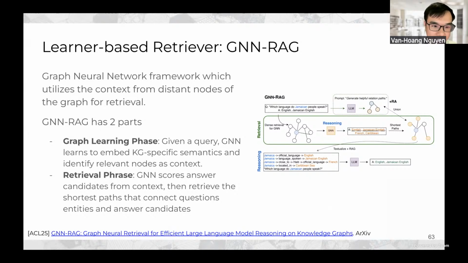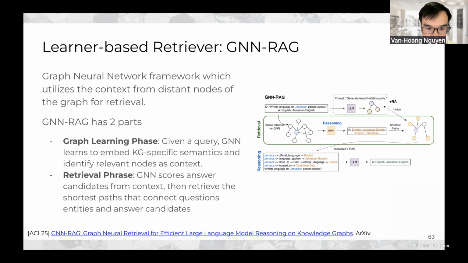In this case, it can help improve our retrieval task. So that's why I want to discuss this paper, the GNN-RAG paper, that uses graph neural networks for effective retrieval for graph RAG.